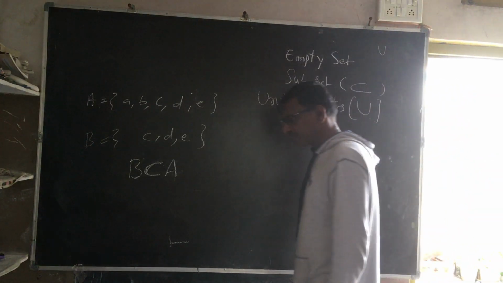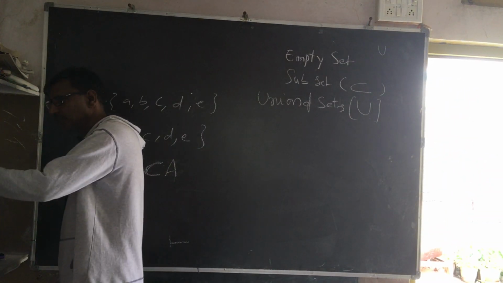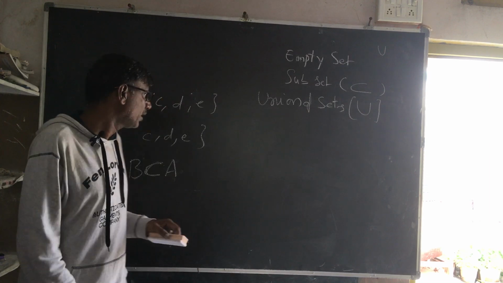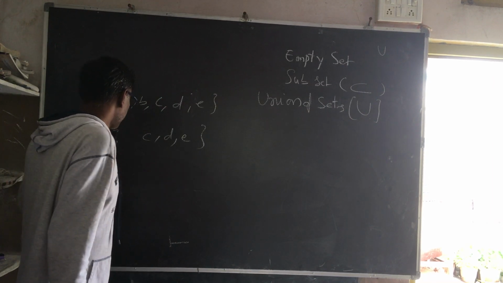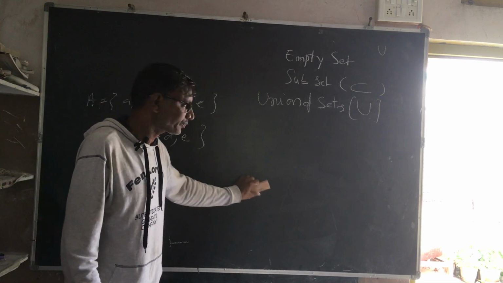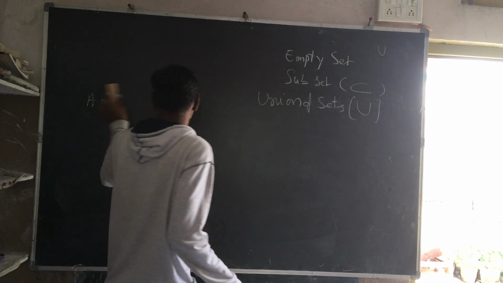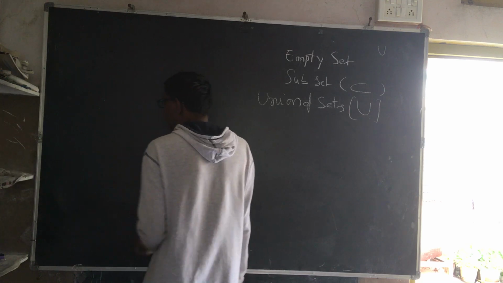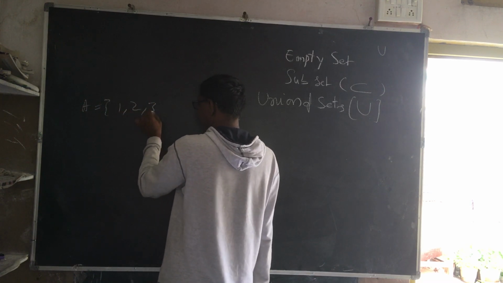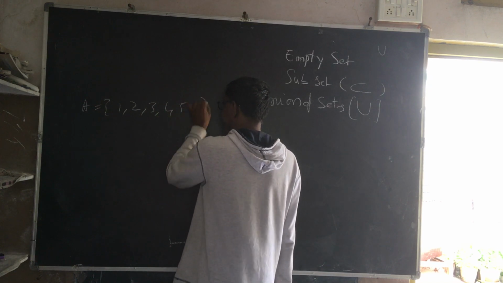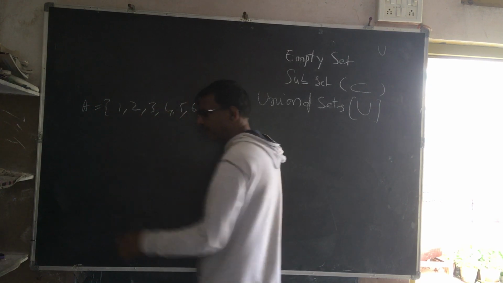I will give you one example to understand the union of sets, and how to make them union. Suppose A equals {1, 2, 3, 4, 5, 6} separated by commas.